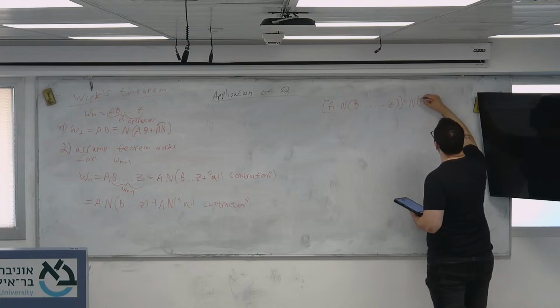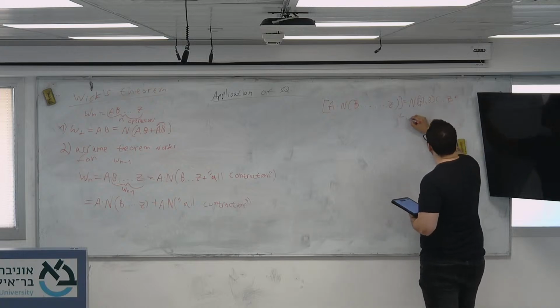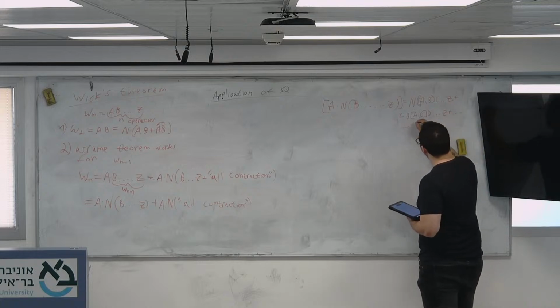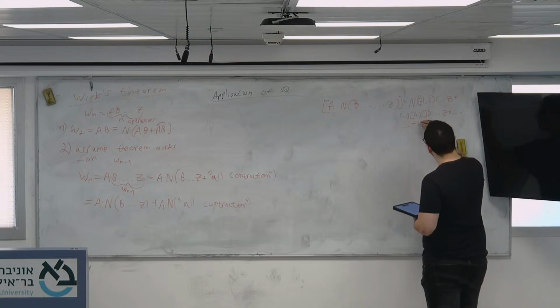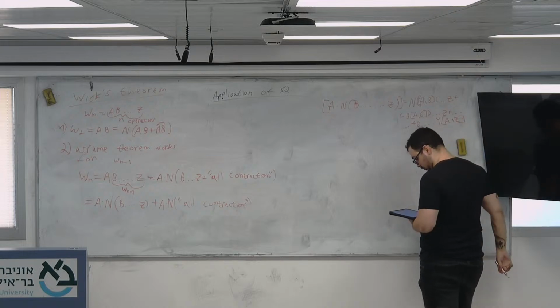A B commutation C, Z plus B, A, C, D, Z plus B, Y, A, Z.